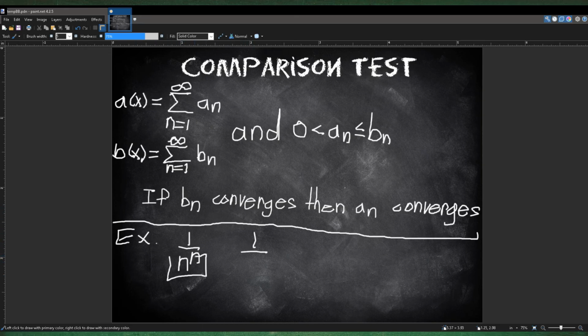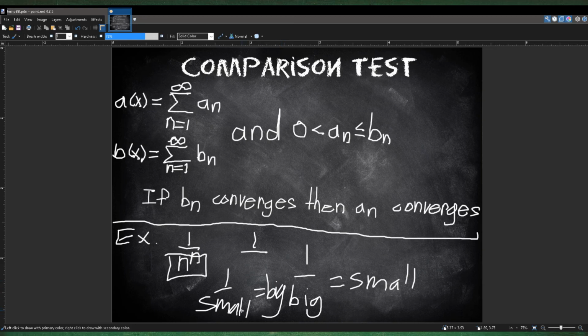Whatever you have on the bottom, n to the power of n, is a big number. If you have 1 divided by a big number, you get a small number, and 1 divided by a small number gives a bigger number, which makes sense because you're dividing by a smaller amount of parts.